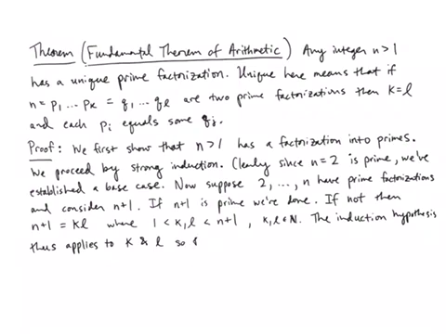So they are products of primes. So let's say k might be p1 dot dot dot p sub i, and l might be q1 dot dot dot q sub j.